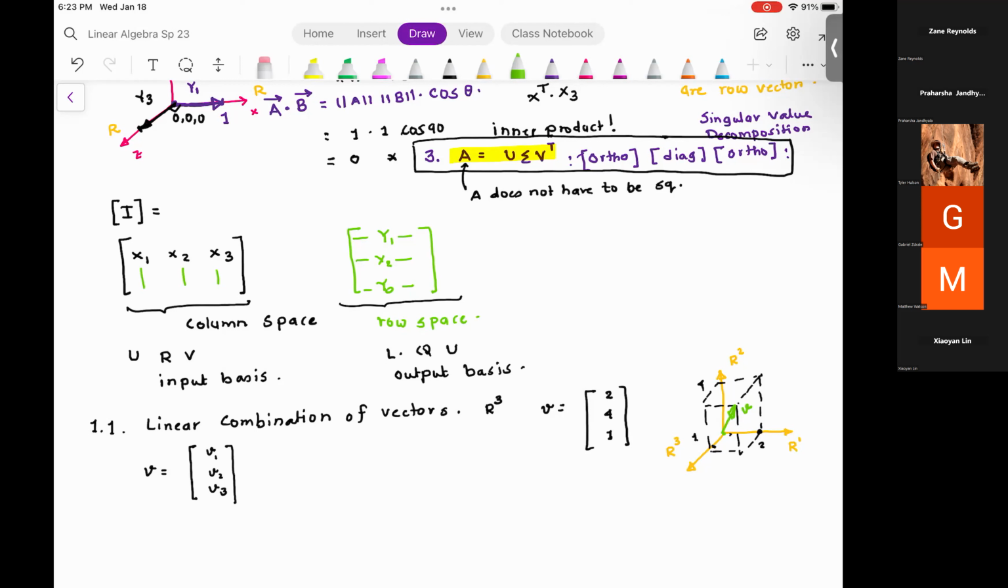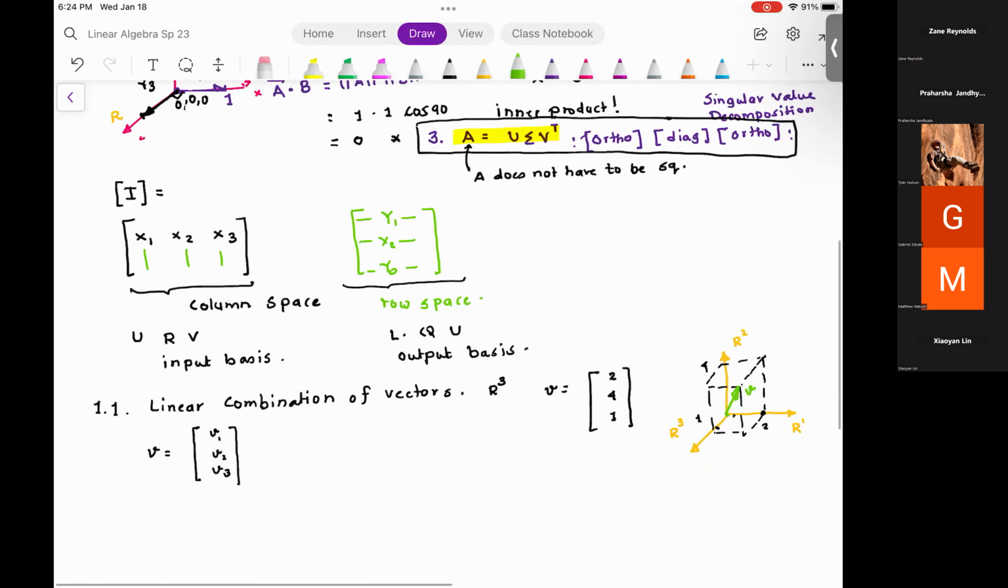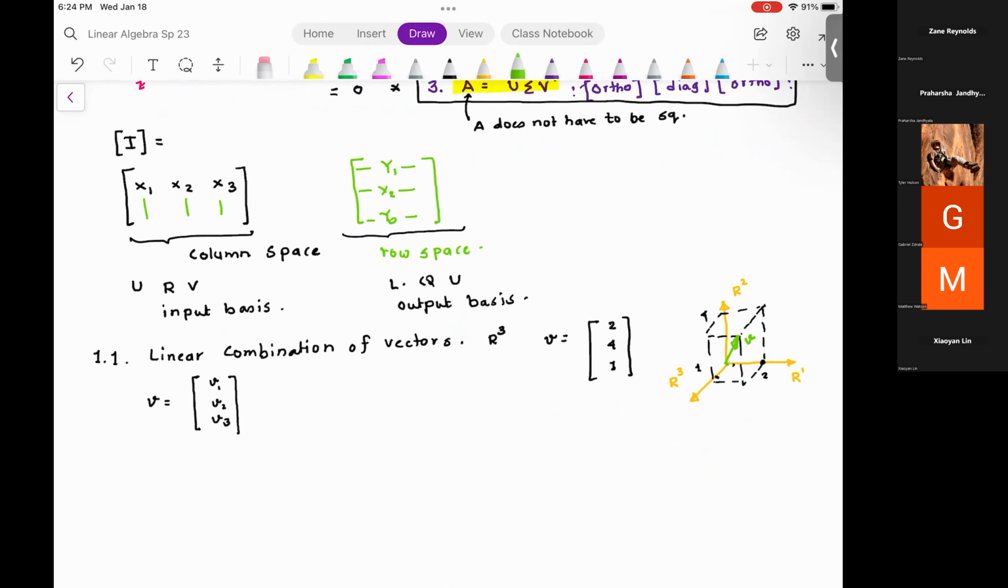What it means is a vector in R1 cannot be expressed as a combination of R2 and R3. So let me talk about what we mean by a vector combination.